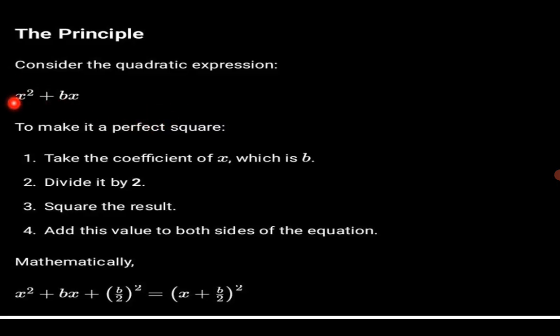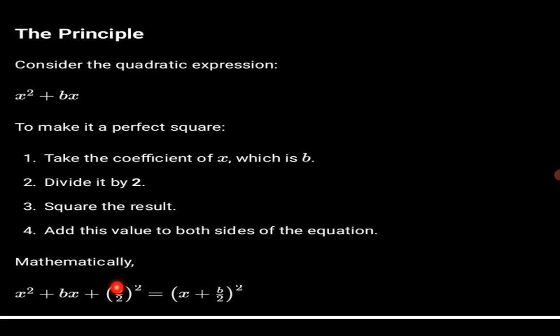So when you do that, you are said to have turned the given expression into a perfect square. Take note that the coefficient of x squared is 1 for now. So this now has been turned into a perfect square like this. First of all, we divided the coefficient of x by 2, and then squared it, raised it to the power 2.